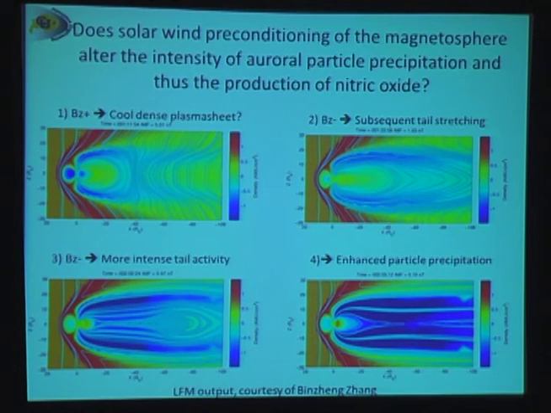He gave me these images to show what happens when you have BZ neutral or BZ positive at the beginning of a storm. You form a cold, dense plasma sheet, a fat magnetosphere.